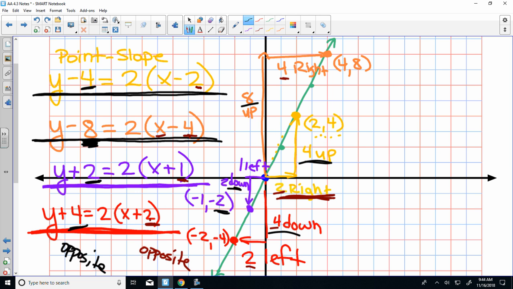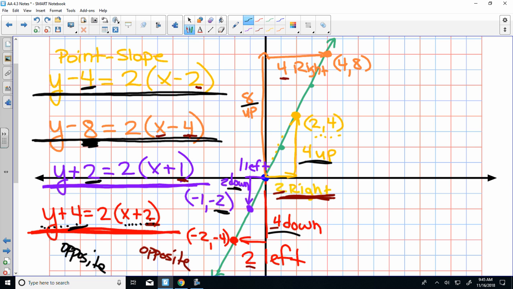So when there's movement of a coordinate left or right, you put it with the x. When there's movement of a coordinate up or down, you put it with the y. And in both instances, whatever the movement is, you use the opposite sign. If it's right, you put plus. If it's left, you put minus. Or no, check that.